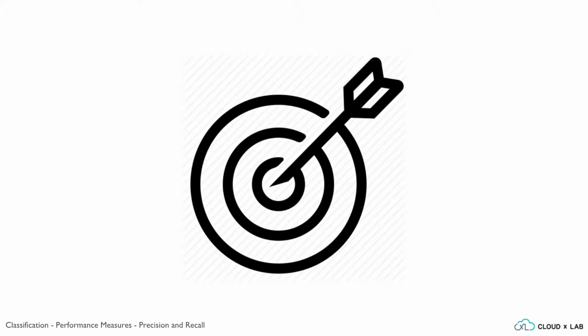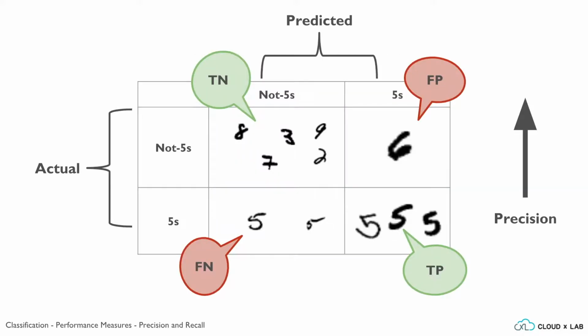Let's understand precision and recall. In real life, precision is marked by lack of mistakes. For the 5 detector, precision is the measure that tells us what proportion of images that were classified as fives were actually 5. Here the 5 detector classified total 4 images as fives and it was correct only 3 times.